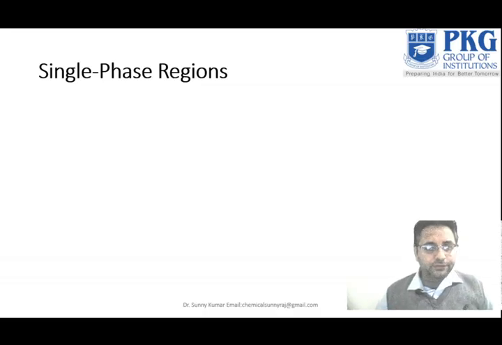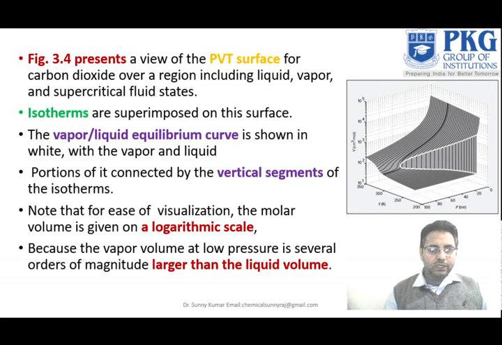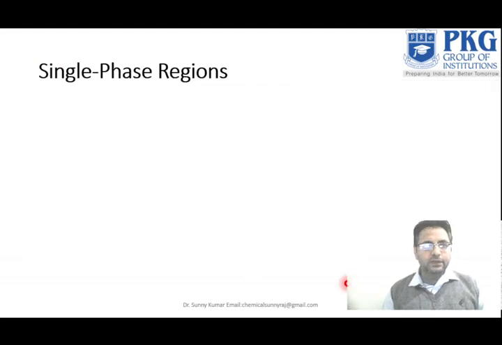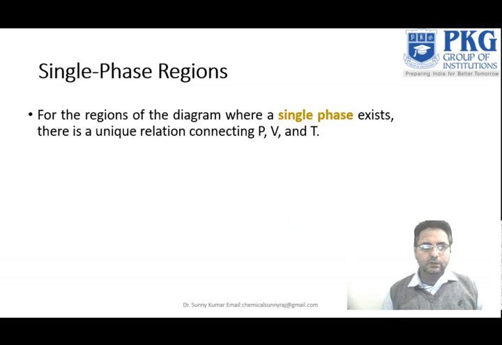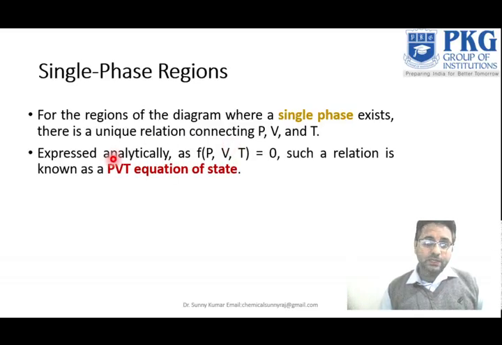So this is your 3D PVT diagram, which we have discussed. Now we will discuss the single phase region. For the region of the diagram where a single phase exists, there is a unique relation connecting pressure, volume and temperature. Expressed analytically as a function of P, volume and temperature equal to 0, such a relation is known as a PVT equation of state.